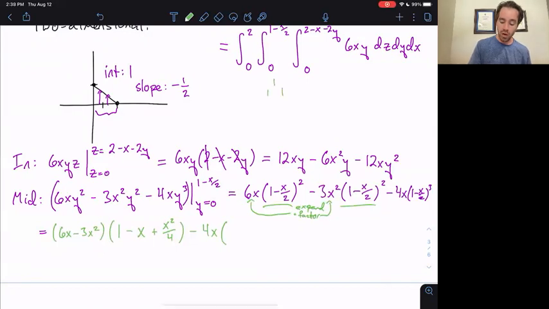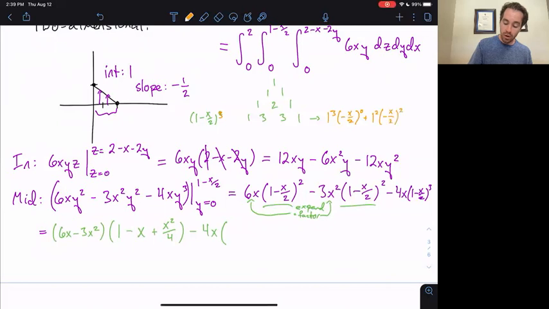I know this seems like we're really grasping at straws here, but let's use Pascal's triangle to expand this. 1, 3, 3, 1. So (1 minus x over 2) cubed, rather, is going to give us 1 cubed times negative x over 2 to the 0 power, plus 1 squared times negative x over 2 to the second power, and that is multiplied by 3.